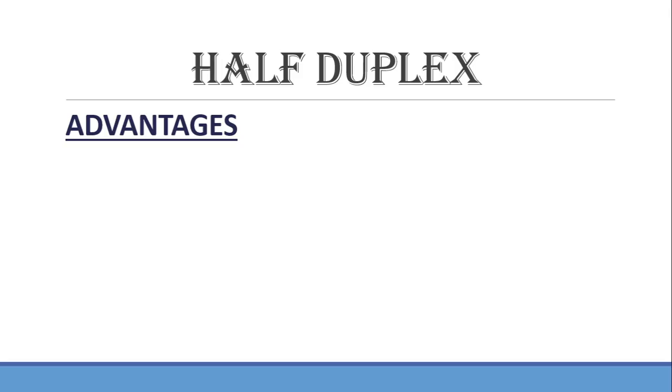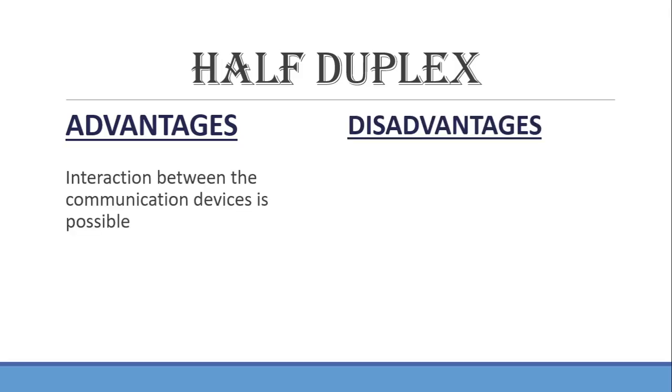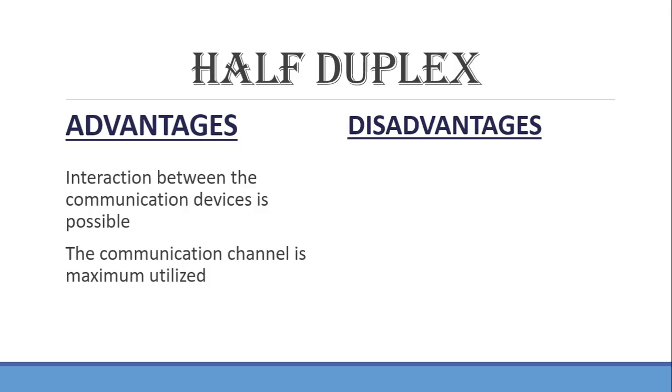And the advantages and disadvantages of half duplex: interaction between the communication devices is possible, as we can give the feedback and response, so interaction is possible. The communication channel is maximally utilized, right? So we are utilizing the maximum channel as we are transmitting the data, as well as receiving the feedback and acknowledgements.